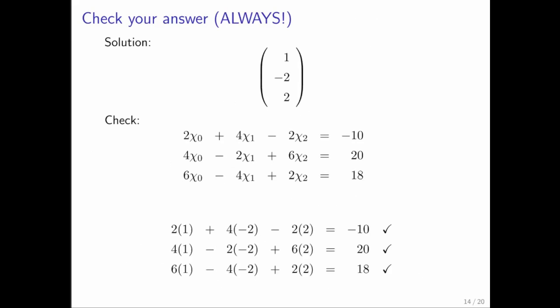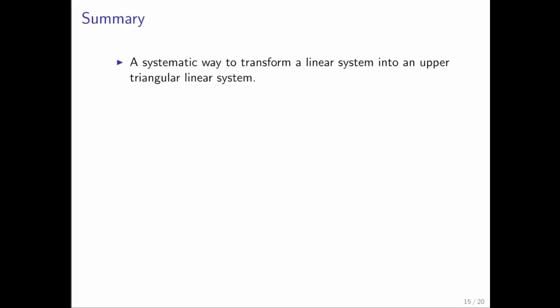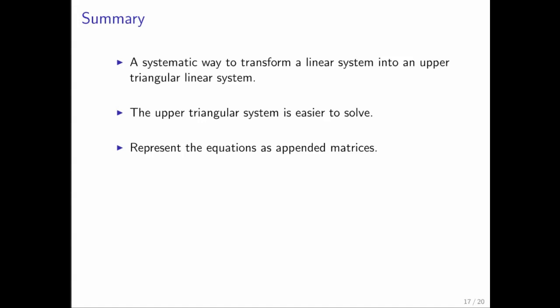And then, of course, just as before, you really should go and check your solution. Now what we have is still a systematic way for transforming a linear system into an upper triangular linear system. We do so still because upper triangular systems are easier to solve. However, we now represent the equations as appended matrices, and we compute with these appended matrices.